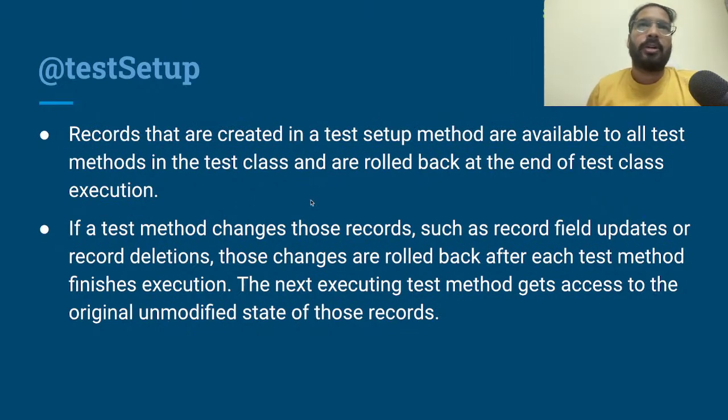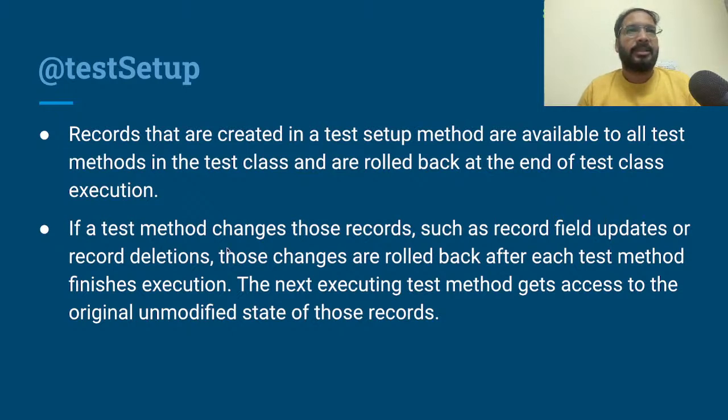Whatever data you create in the method annotated with @testSetup can be called through any other test method. And once execution is done, everything will be rolled back. I will explain it practically so that you can understand it more clearly.